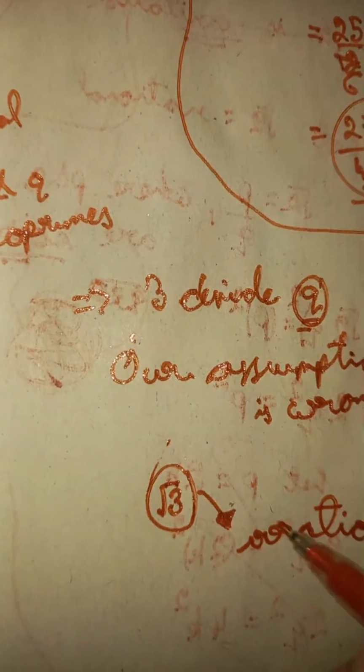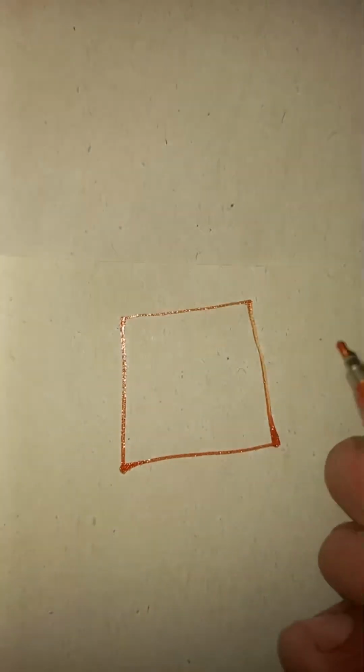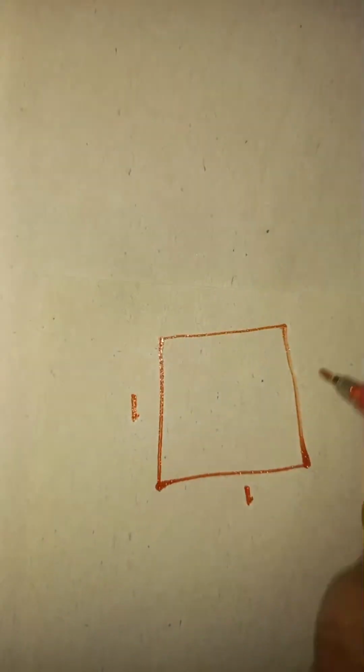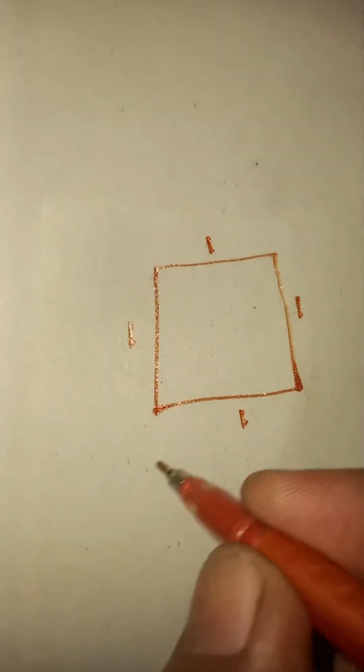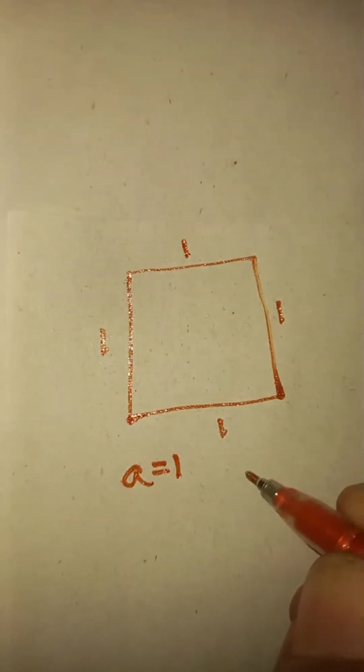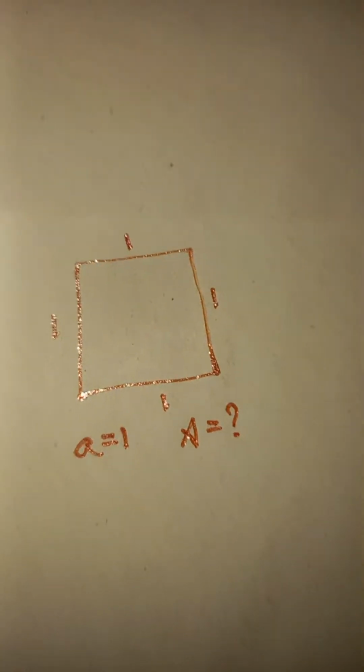We're going to talk about the next problem, that is about squares. Let's talk more about squares, how to find area, perimeter and different things. If you take a square, I'll start to practice a lot more problems here. All sides of this square are 1 unit. When the side length is 1 unit, you need to find the area of the square.